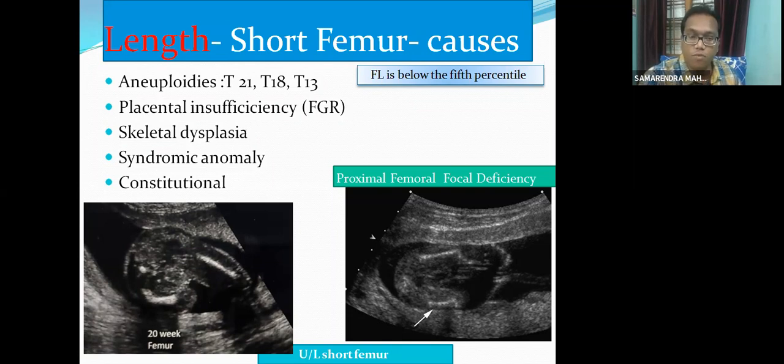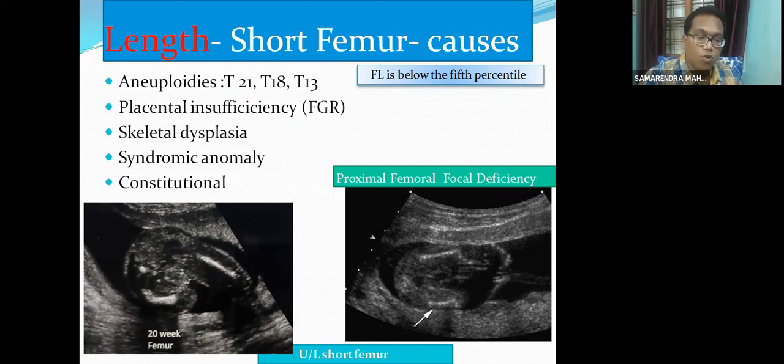But when we are observing that one femur is of normal length, we should also examine the other femur, because some cases of unilateral shortening of the femur also do happen, as in proximal femoral focal hypoplasia, which emphasizes the examination of both femurs, and if we are lucky, we can get them in one plane of section if the baby has maintained its position.